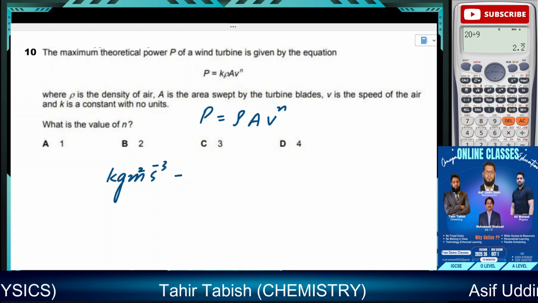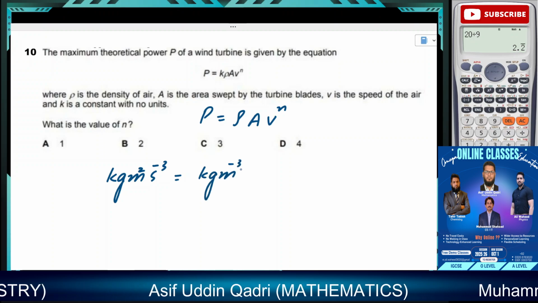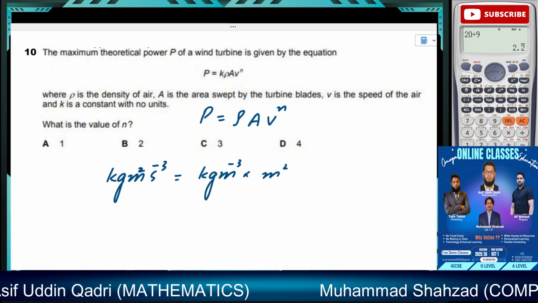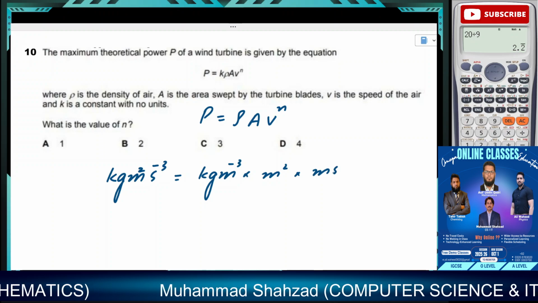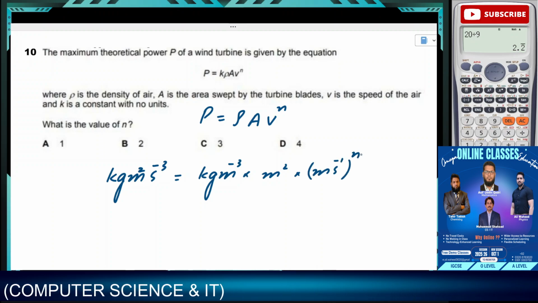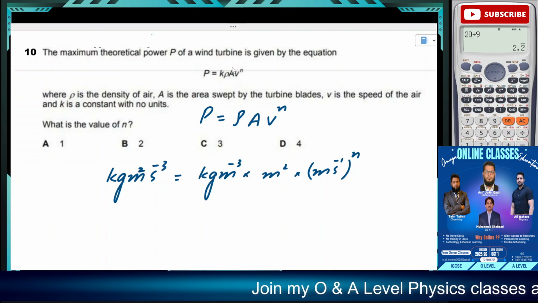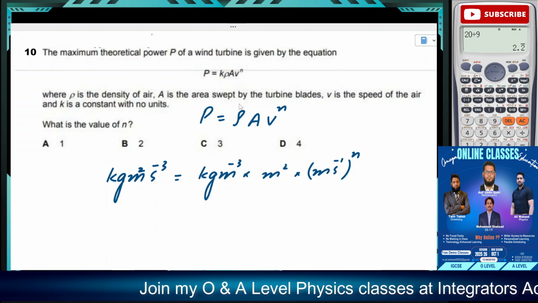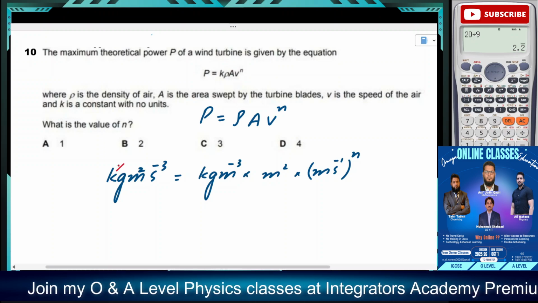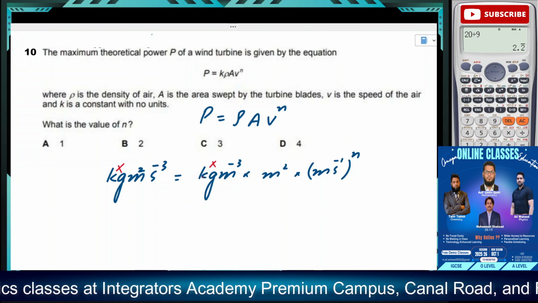So this is for the power, equals to density is kg m minus 3, area is meter square, speed is ms minus 1, but this thing is raised to the power n. So if we could do some cancellation, we can. So for example, kilogram from here cancelled away with kilograms from here.